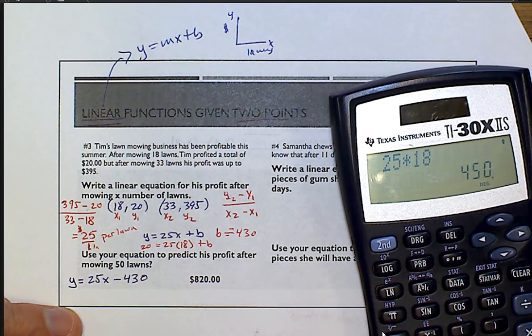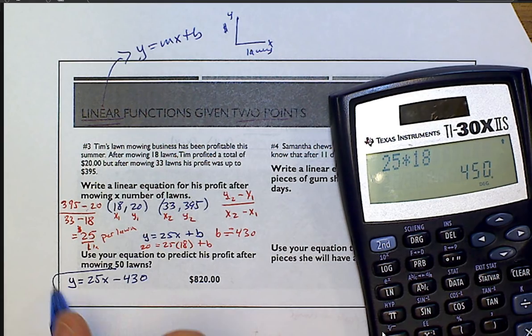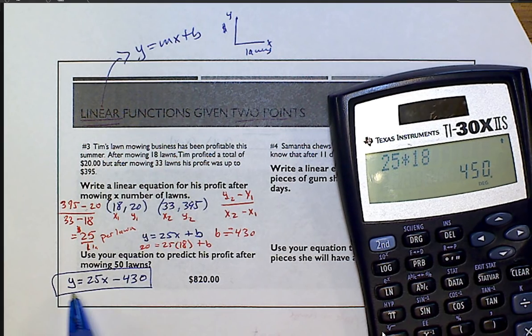That is my linear equation. What does that represent? Well, this represents Tim making $25 per lawn. He started out with negative $430 in the hole. So maybe he bought a weed whacker or a lot of gas or a new lawnmower or whatever, but he started out in the hole $430.